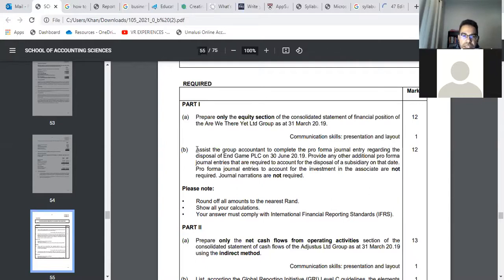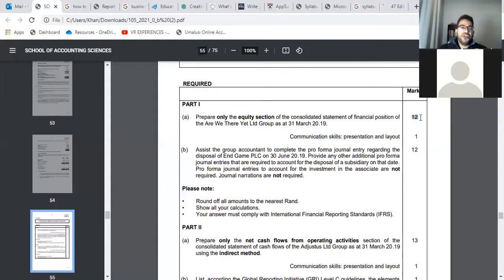This one over here is to complete the journal entries on 30th June 2019. 30th June 2019 is after that date, so point number 3 is not relevant for what we need to calculate above. Half of the marks is for the journal entries on the change in ownership date, 12 marks, and then 12 marks for the SFP equity section.